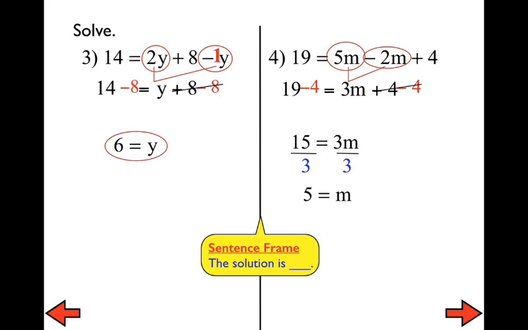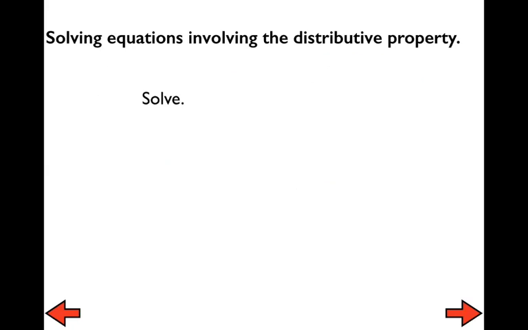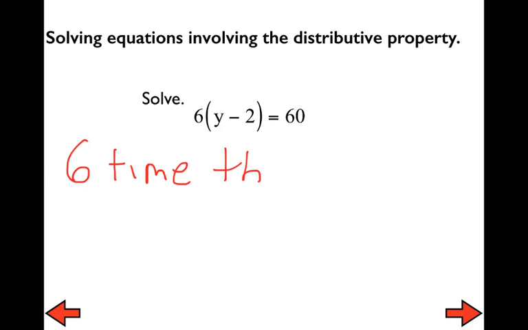Today we go into the second half of this lesson where we are using the distributive property. So here is a problem where we would have to use this distributive property. We state this problem as 6 times the quantity of y minus 2 equals 60. Let me write that down really quickly. 6 times the quantity.